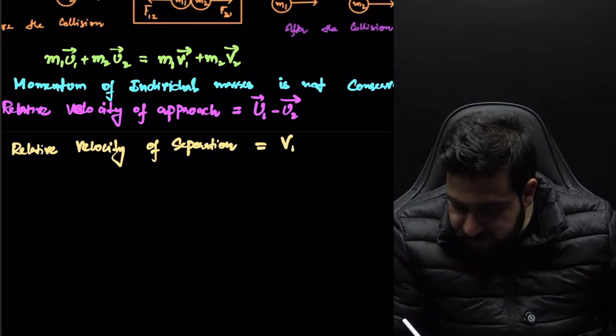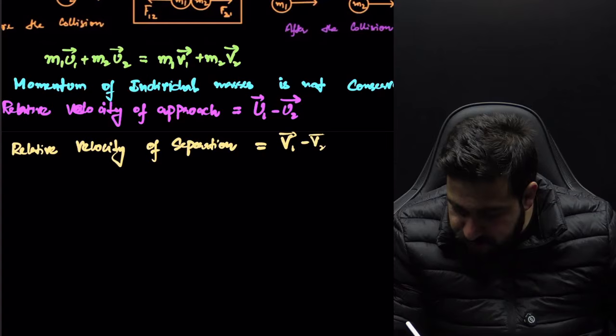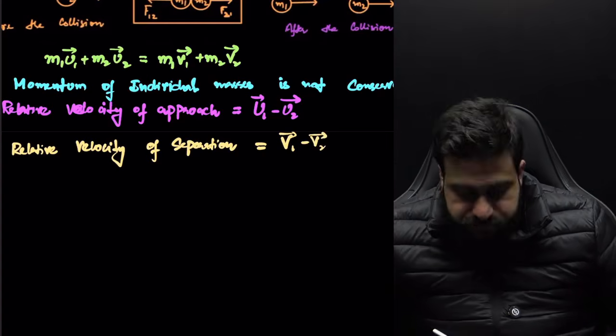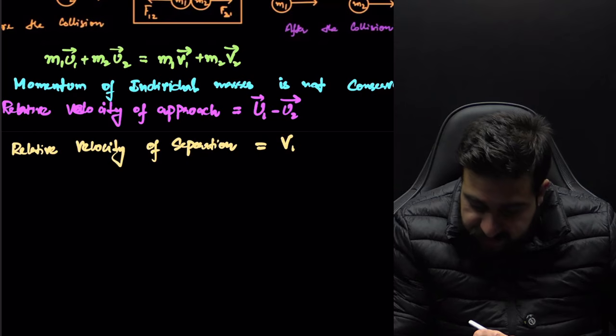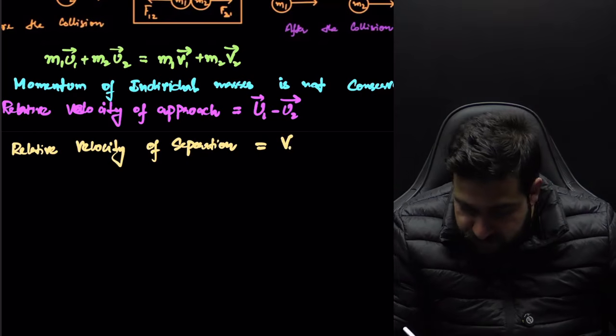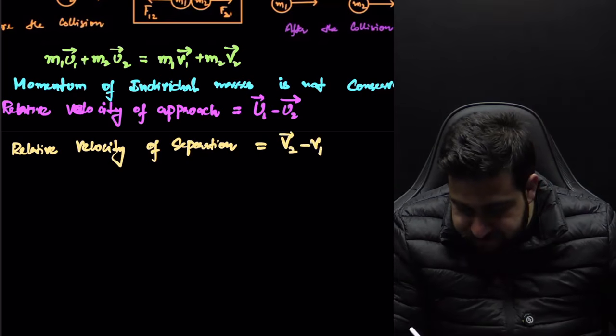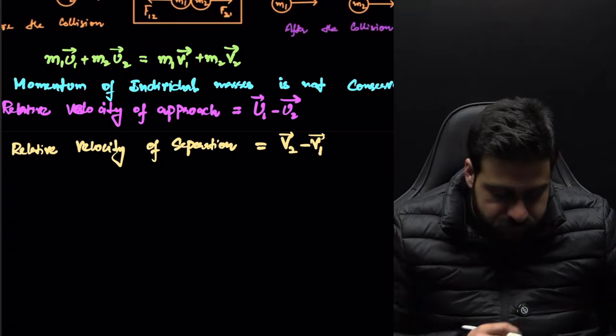It is simply v1 minus v2. Or better, you can write v2 minus v1. That is correct, v2 minus v1.